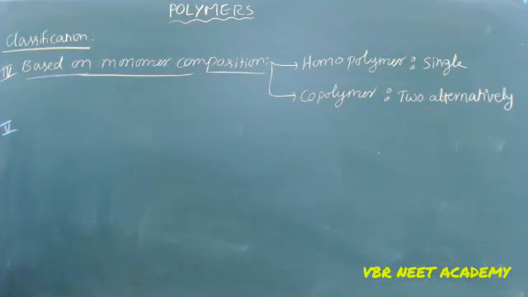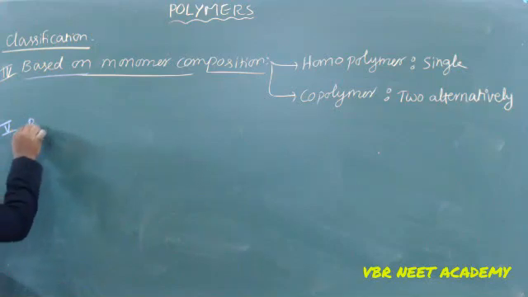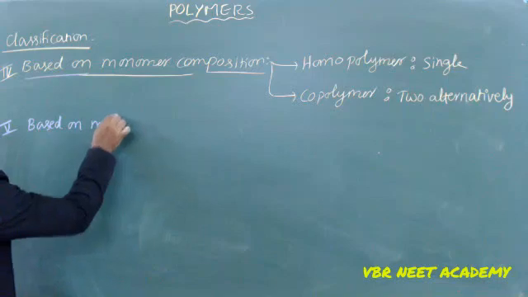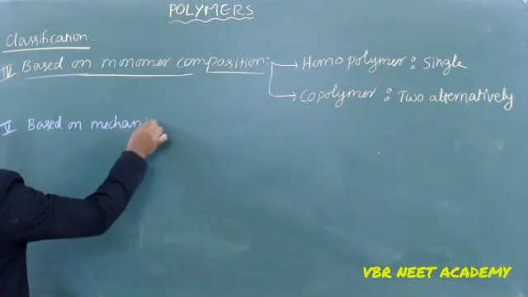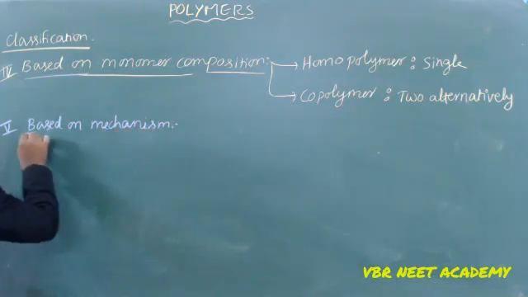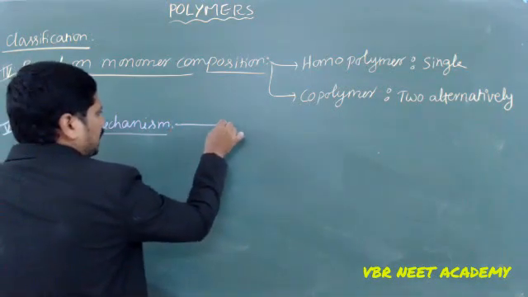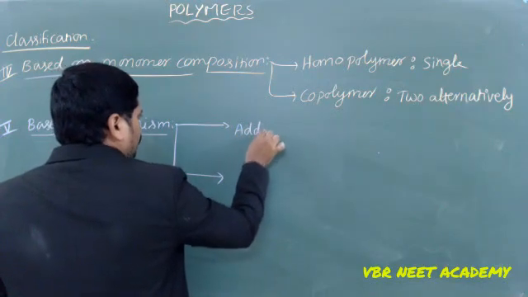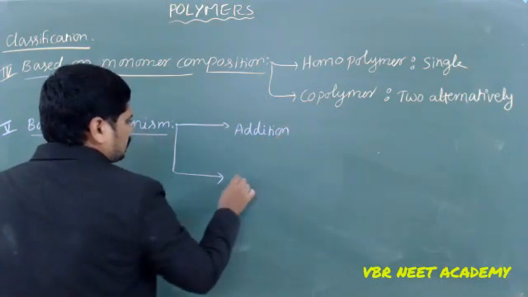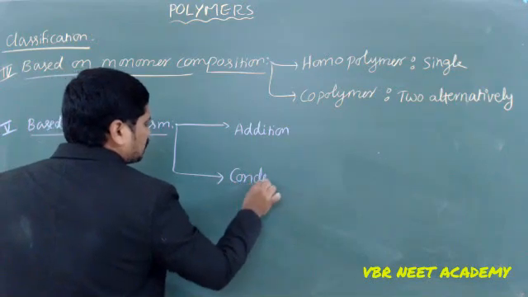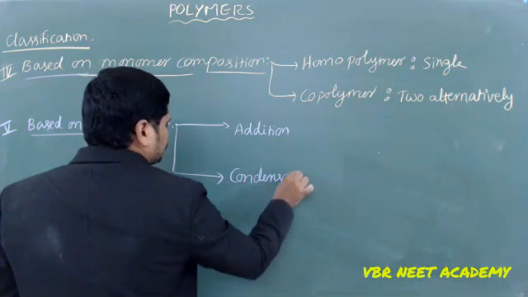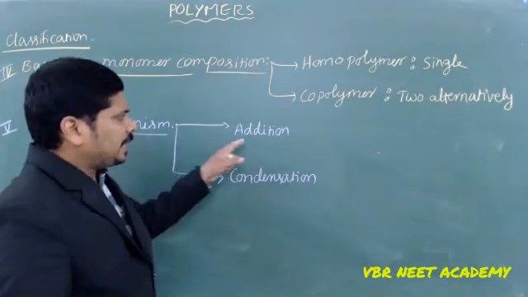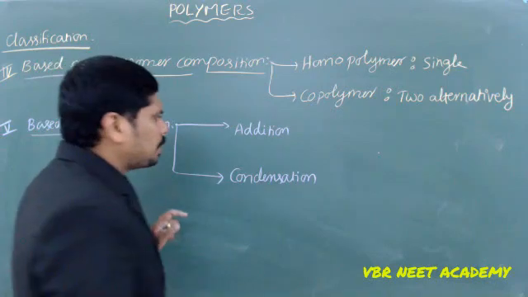And the fifth one is an important one: based on mechanism. Based on mechanism, we can have two types of polymerizations: addition polymerization and condensation polymerization.